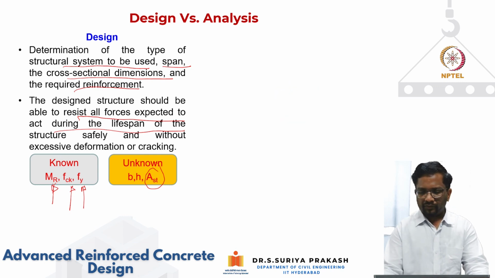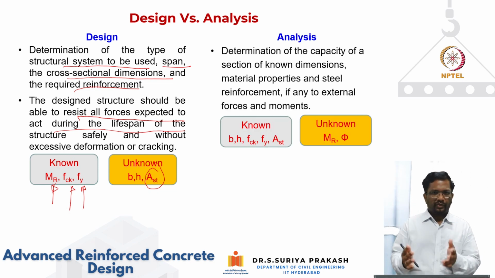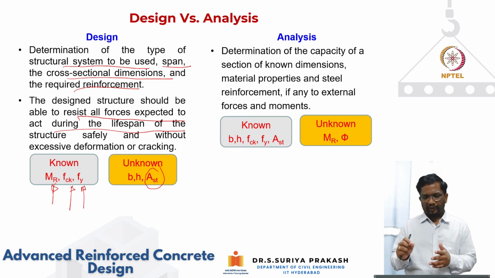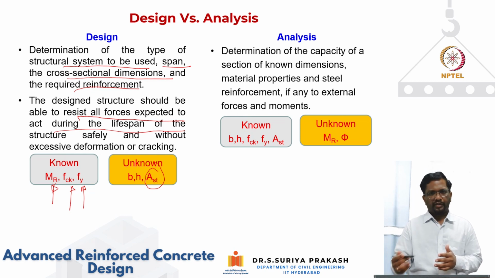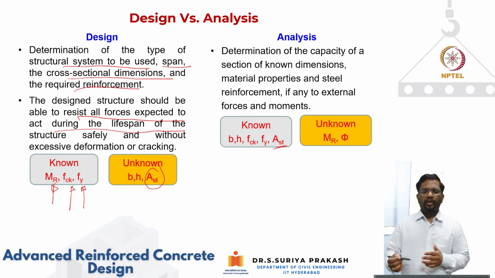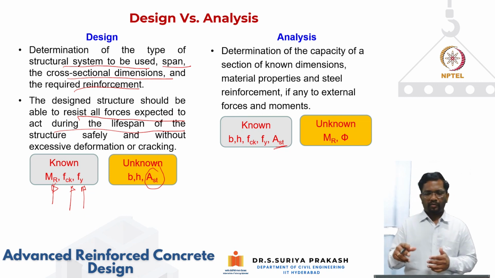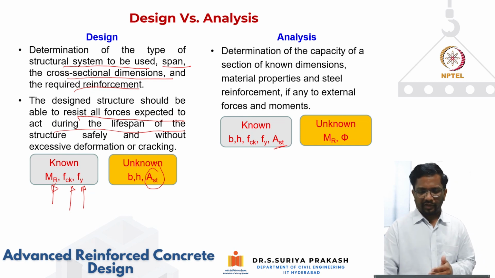Right. Now let's see what analysis is. Design is also an analysis with certain assumptions. We do analysis to find the capacity for the assumed level of steel. In analysis, sometimes the breadth, depth, concrete strength, grade of steel, and the amount of steel will be known to you, and you have to calculate the moment of resistance and the curvature at failure.